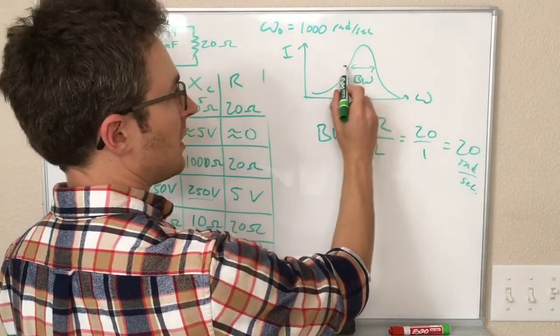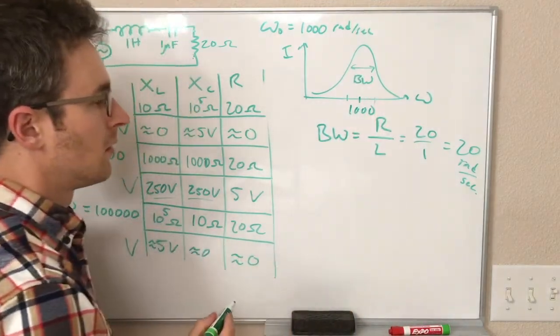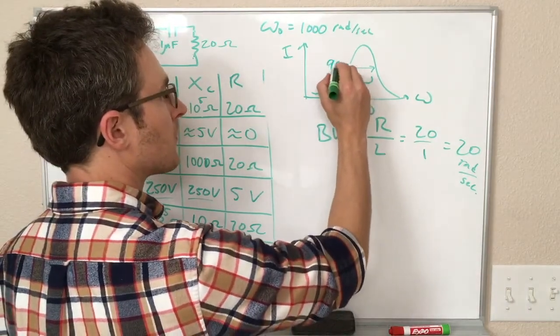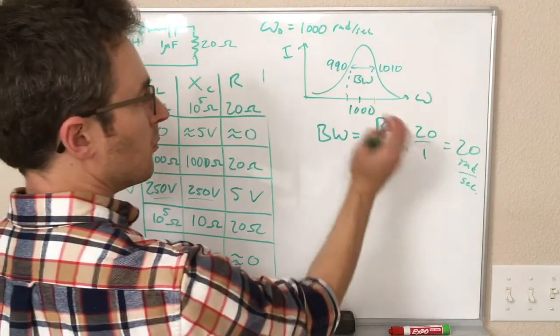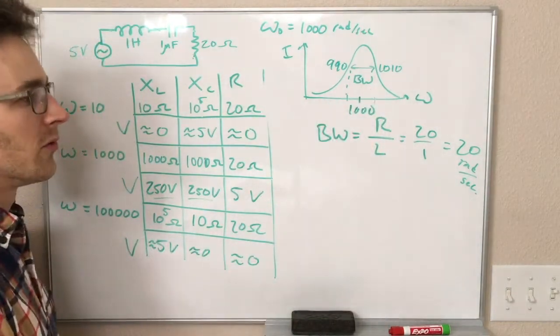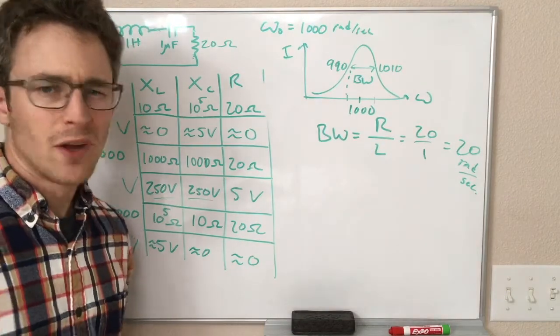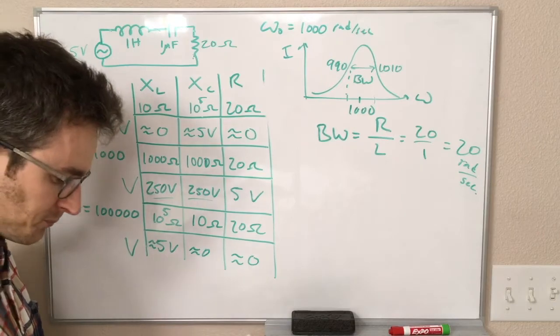So that means this peak goes between 990 and 1,010. That gives us a total bandwidth between the two of 20 radians per second. We could do the same thing with our frequency f. The numbers aren't going to work out as nice, so we're going to skip that for the time being.